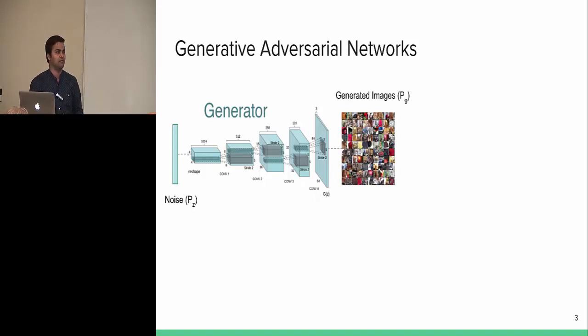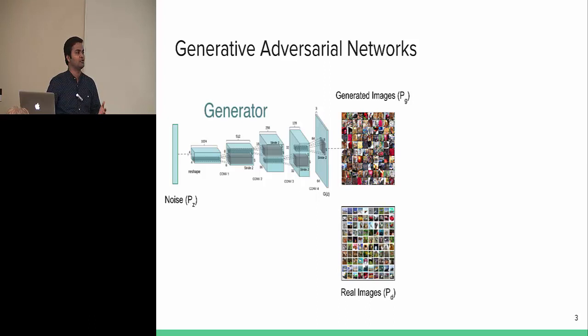These images are the generated images, which are from a distribution called PG. We want these images to be as close to the real images, which come from a target distribution PD. So we want this PG and PD to be as similar as possible, and the objective of the generator is to do that.